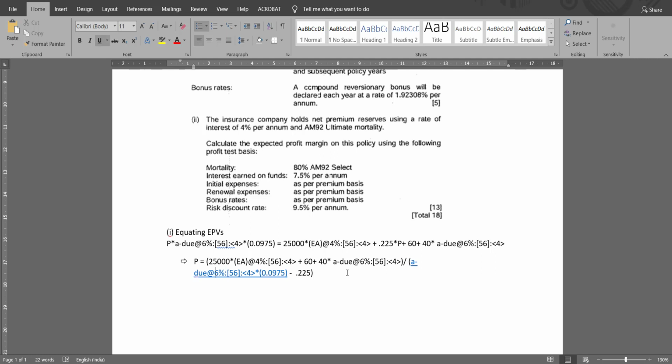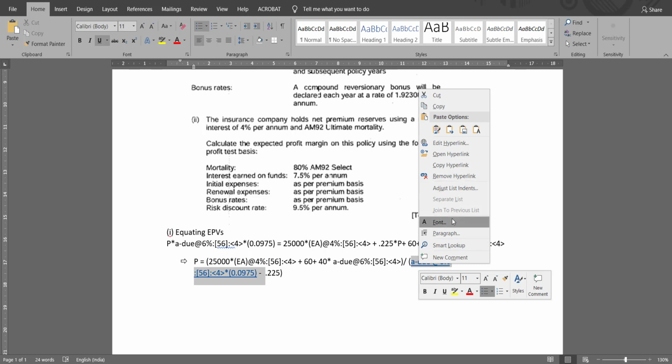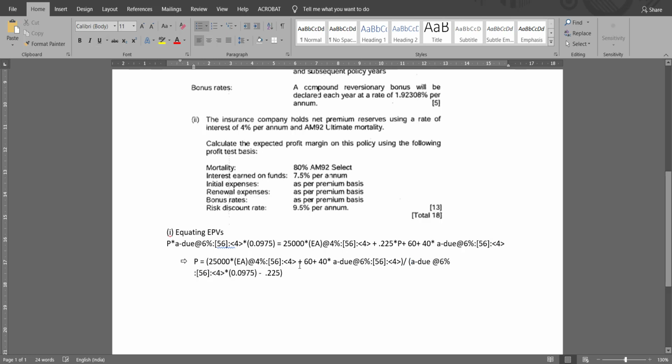So this is your whole answer here, right? That's how it works. I mean, you can give some spaces. I don't know why this is coming out as a hyperlink. Remove hyperlink. Okay, so this is your answer, right?